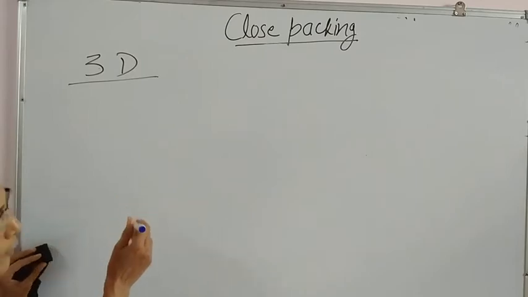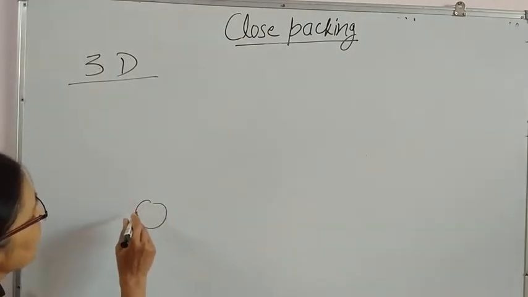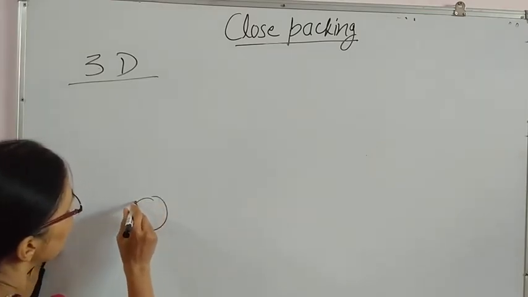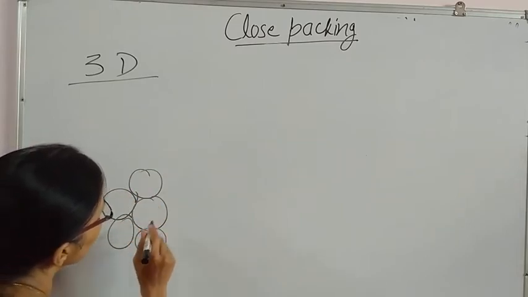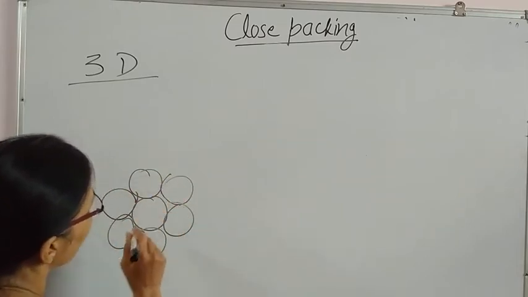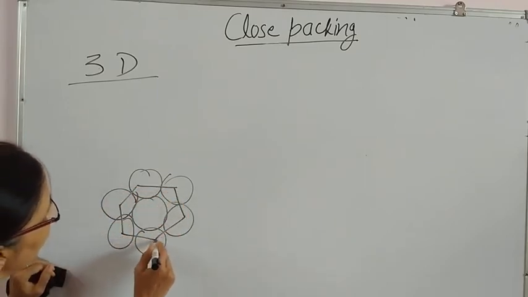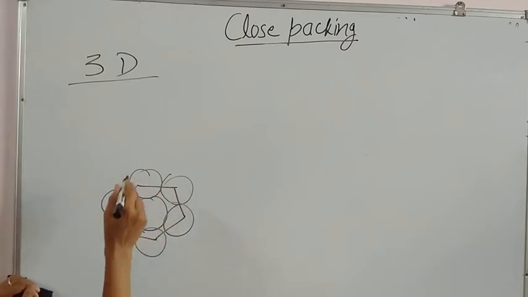So I am showing both types of arrangement. Suppose I have arranged the first layer like that. One small part I will take in a diagram. 1, 2, 3. One hexagon arrangement: one atom surrounded by 6 atoms.